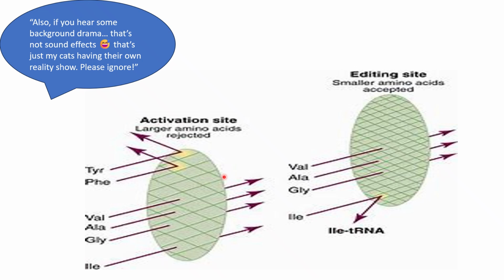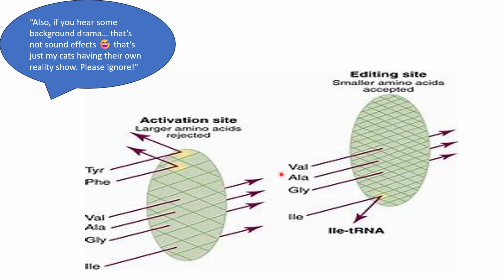Now they are activated and transferred to the tRNA. Suppose these aminoacyl-tRNAs reach the second sieve, that is the editing site. Here the smaller aminoacyl-tRNA will fall in at the second sieve or the editing site, which is also called the hydrolytic site, and the aminoacyl-tRNA will get hydrolyzed, releasing the free smaller amino acid and free tRNA.